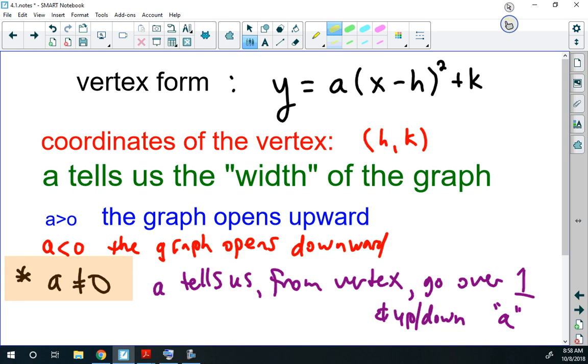It tells us from the vertex we're going to go over 1 and either up or down a units. So it's kind of like a slope, but it's not exactly a slope. It'll determine how wide or how narrow the graph is, but it's not exactly a slope. Are there any questions, comments, concerns, short or long debates up to this point?